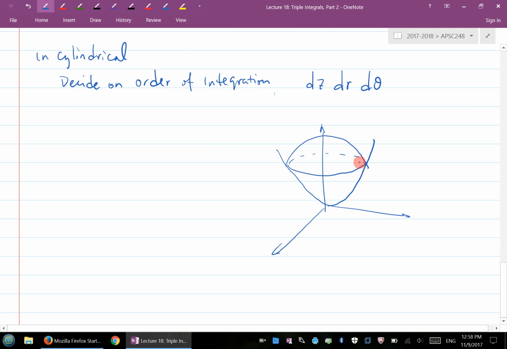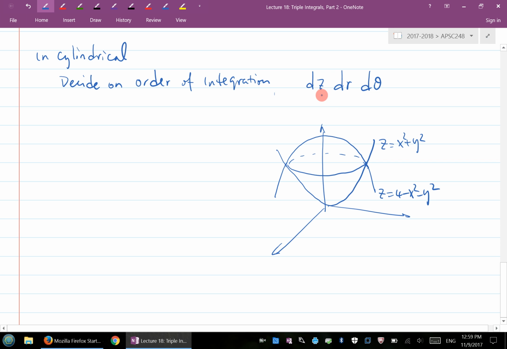That's the region that we're talking about here. Here's z equal to x squared plus y squared, and here's z equal to 4 minus x squared minus y squared. Before I find the z limits, you actually do a very similar procedure here.